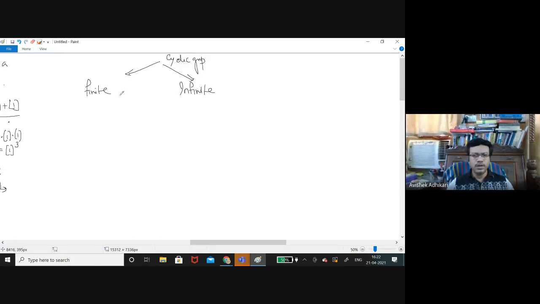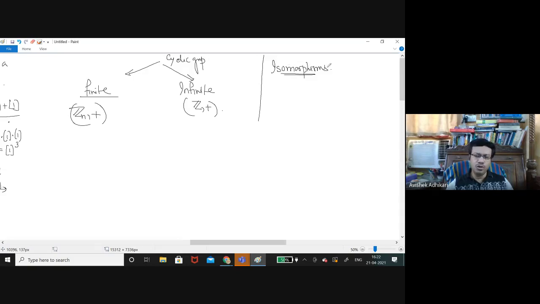Okay. So for the finite group, we have seen Zn plus, and for the infinite cyclic group, we have Z plus. Afterwards, when we go further, we'll consider another concept called isomorphism, which I will consider later on, but not for the time being.